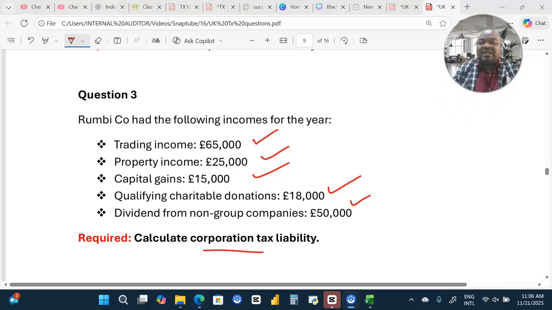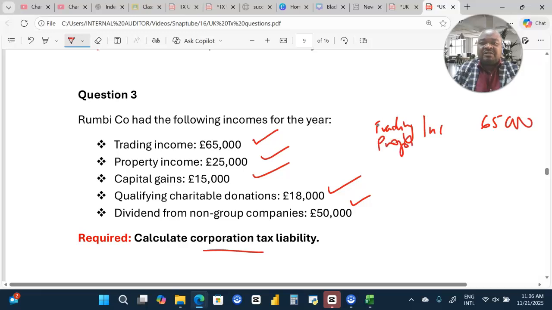All right, so let us come up with our table. The trading income, that's 65,000. Property income, 25,000 pounds, and the capital gains 15,000.